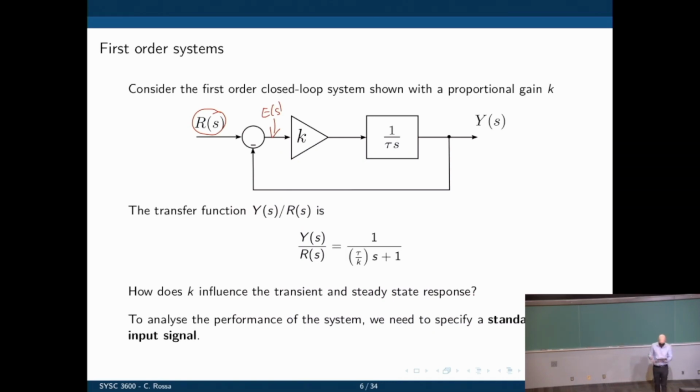For example, this plant here could be a DC motor, and let's say we want to control the speed of that DC motor. What we would be doing is to have a desired speed, R of s, compare that with the current speed of the motor, multiply the error between the current speed and the desired speed by a value of k, and then the result here could be, for example, the voltage we are giving to the motor to control its speed or position.